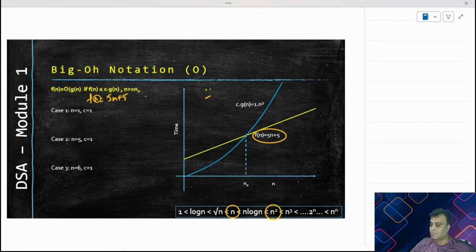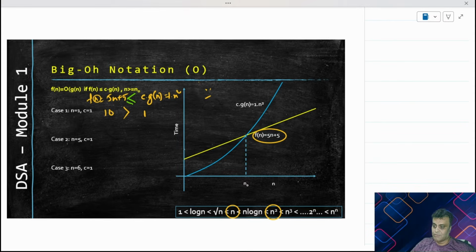But I have changed my Gn. I have said Cgn is equal to 1 dot n square. Now with the value of n equal to 1, I have 10 here. And what do I have to prove? Let's not miss that. I have to prove that Cgn is going to be greater. So with the value of 10 on the left side, on the right side, for n equal to 1, I will have 1.